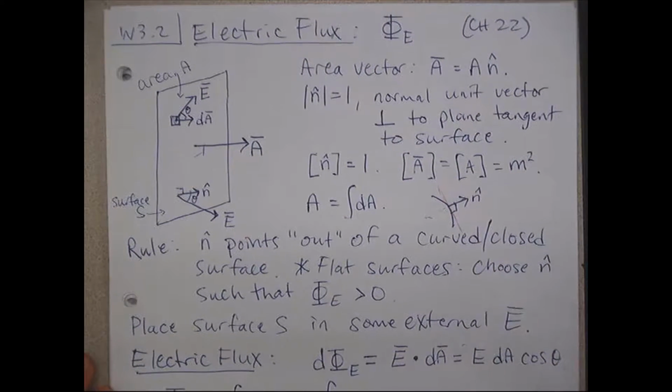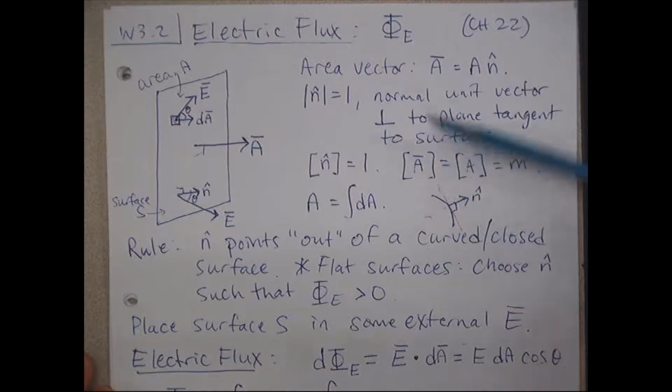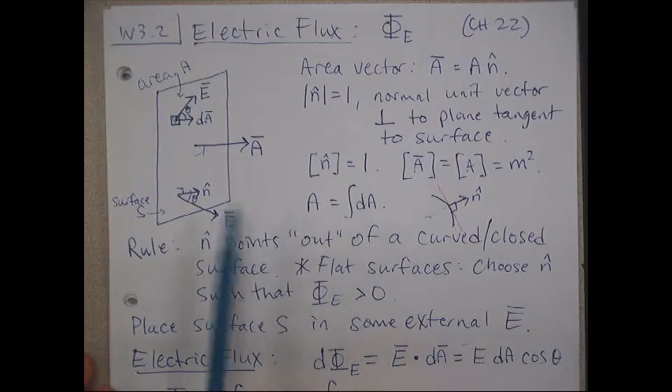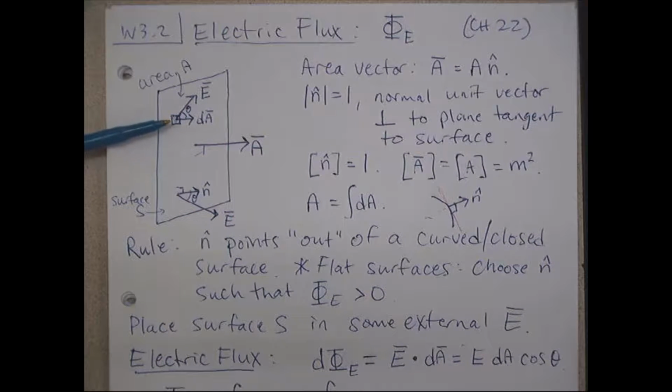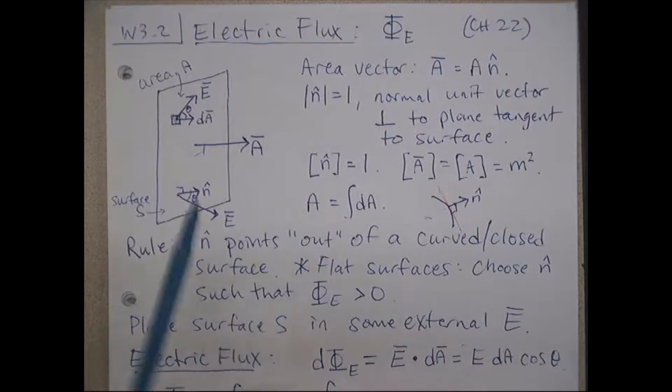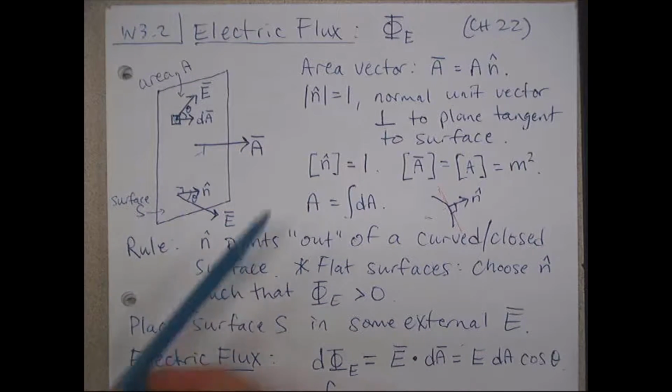It does not carry physical dimensions. The area vector itself has units of area, meter squared. In practice, we first have to consider every small bit of area, dA, as we have done in previous problems, and then integrate it up to cover the entire area A.